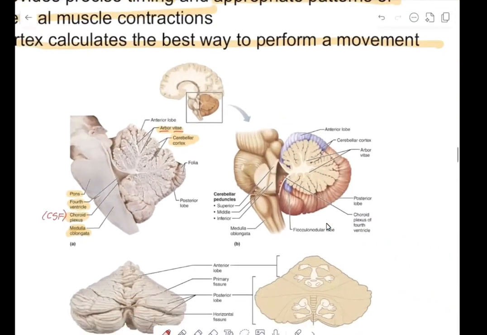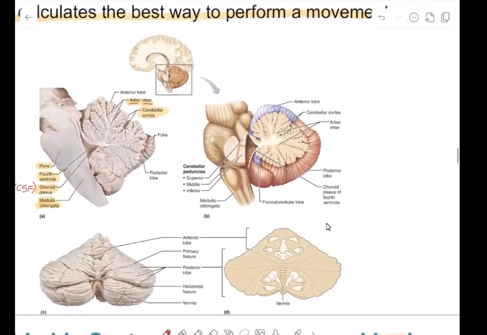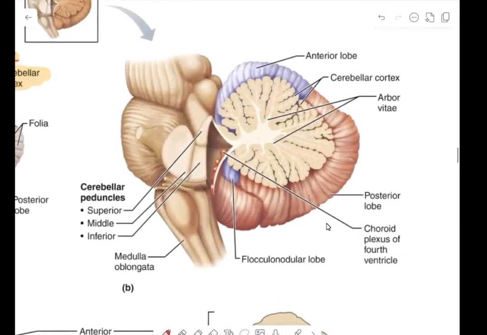Looking at some of the other images here, we again see in the illustration the cerebellar cortex, the arbor vitae, the choroid plexus of the fourth ventricle with ependymal cells, and the medulla oblongata.